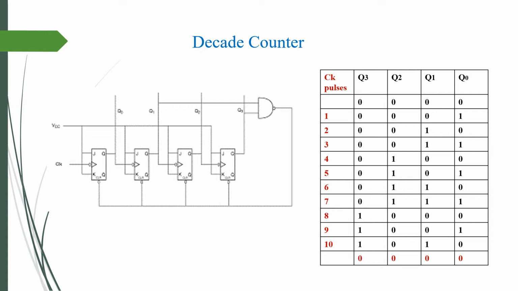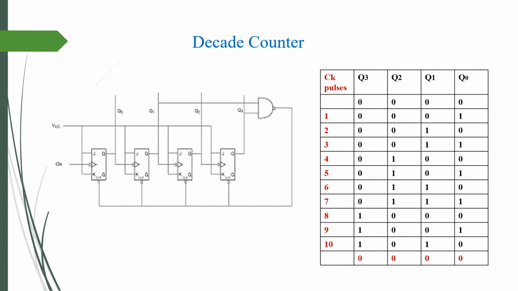The 4-bit counter counts from 0000 to 1001. When the next state, that is the 10th state, occurs, which is 1010, then both the inputs of NAND gate will be high. So the output of it will be 0, which is given to clear inputs of all flip-flops.